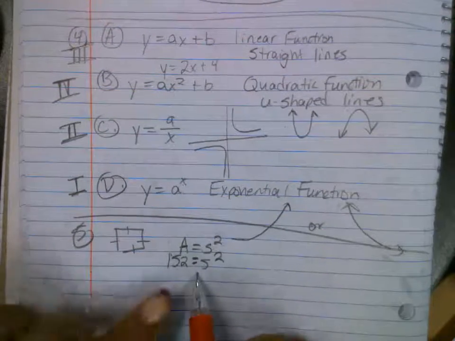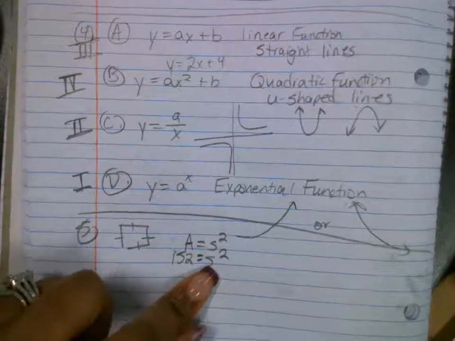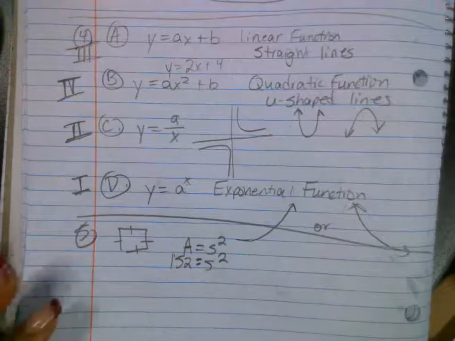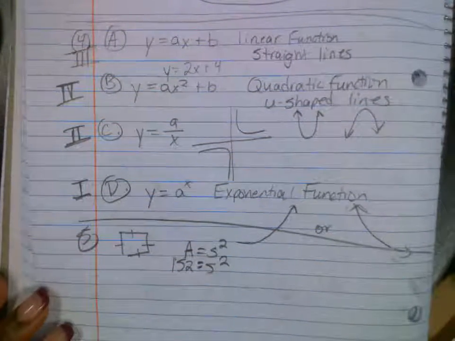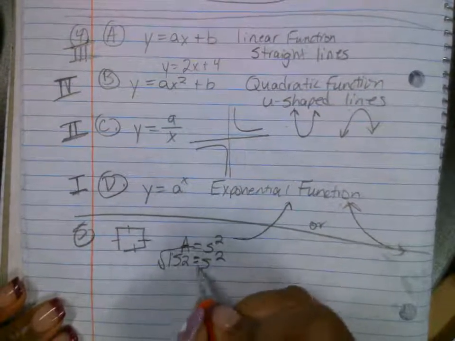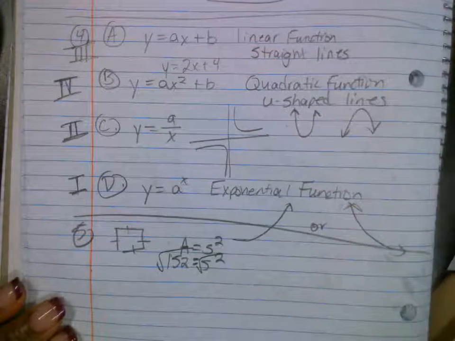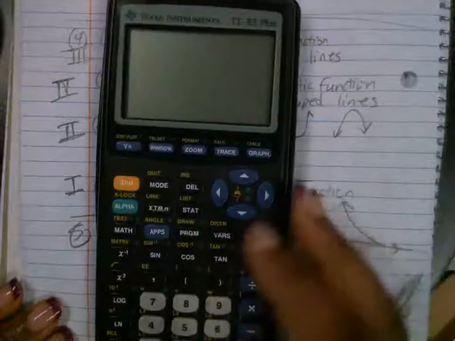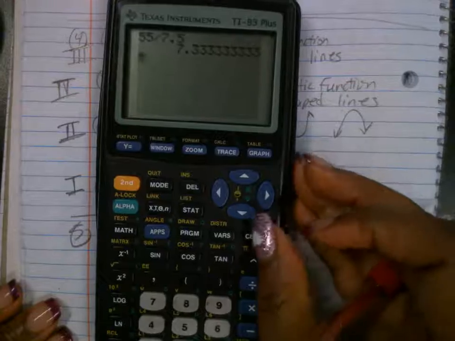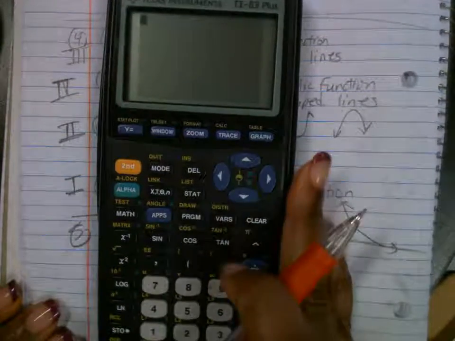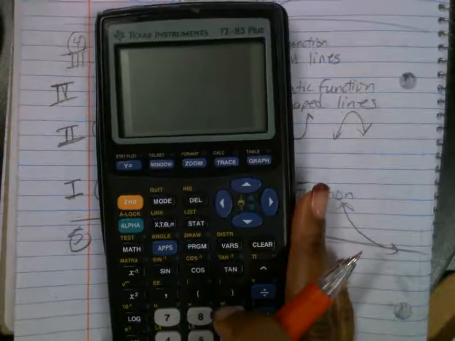So how do you solve an equation? How do you get S by itself? How do you get rid of the square? Square root. So we're going to find the square root of 152 on both sides. How do I find the square root of 152? What keystrokes do I type?